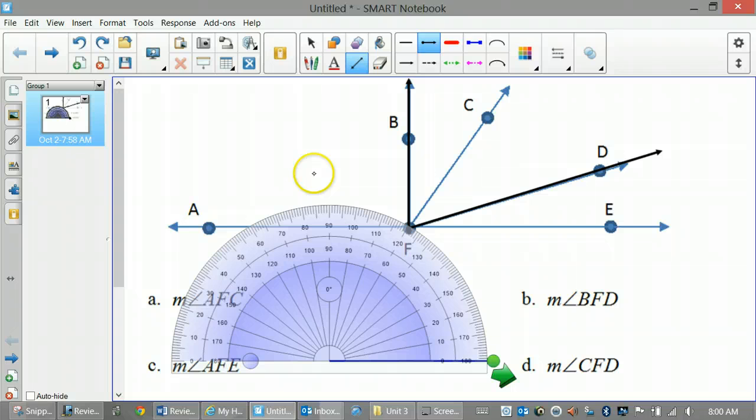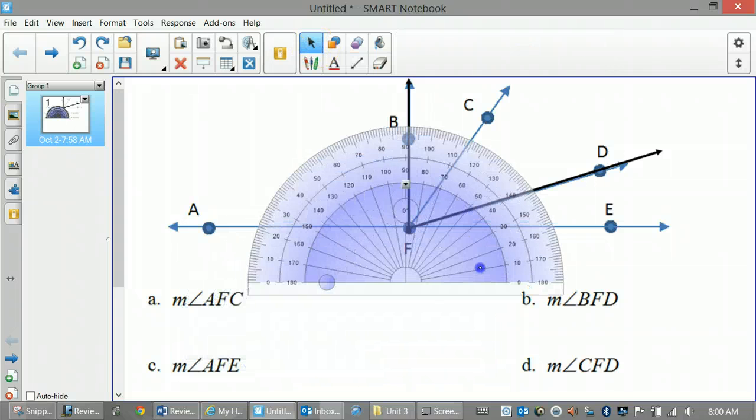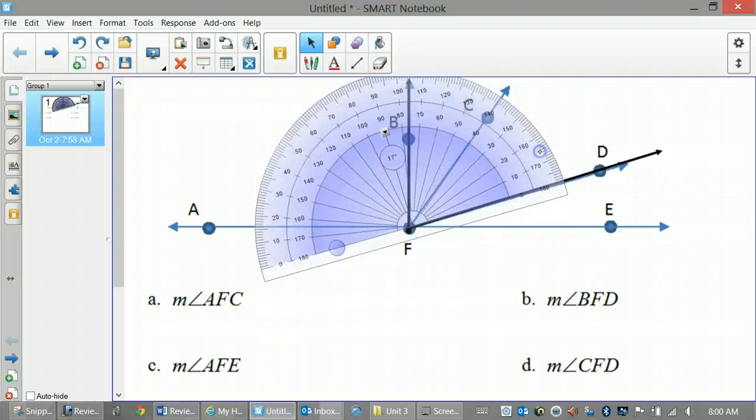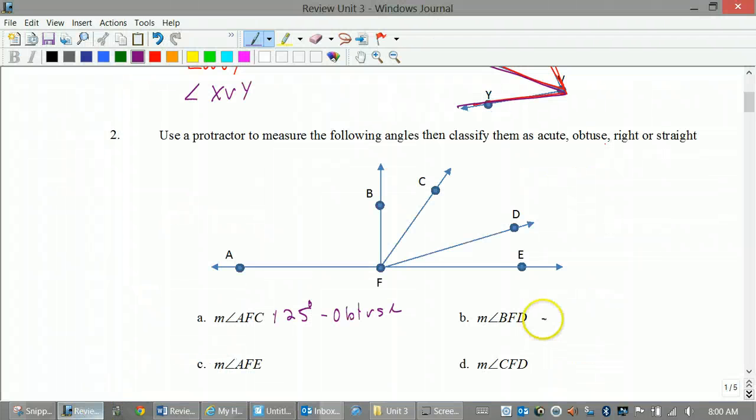Notice how it's not just directly horizontal. So we take our protractor and rotate it so our 0 line lines up with one of the rays. Then we look at the other ray. That's going to be an acute angle, so it's going to be between 70 and 80. So it's going to be 75 degrees, and it's acute.